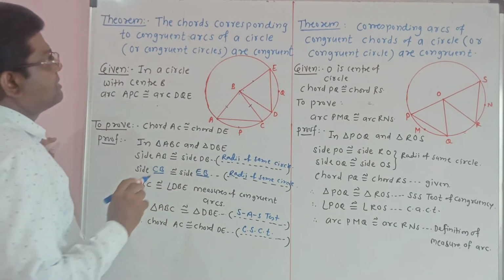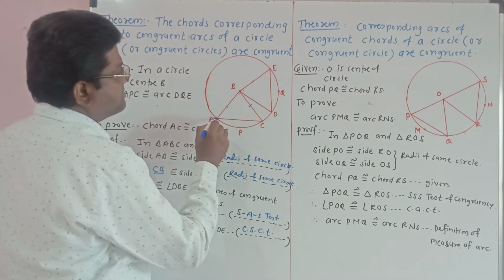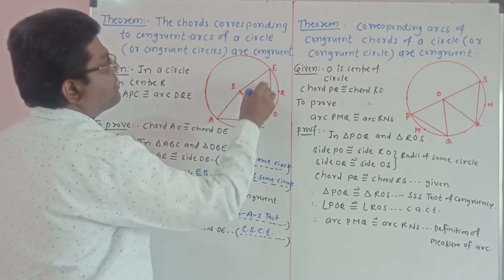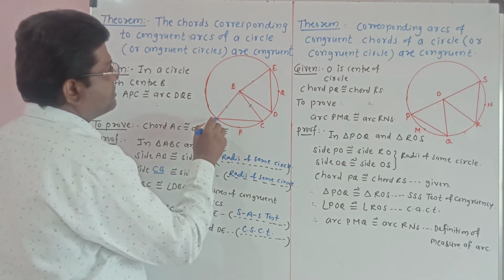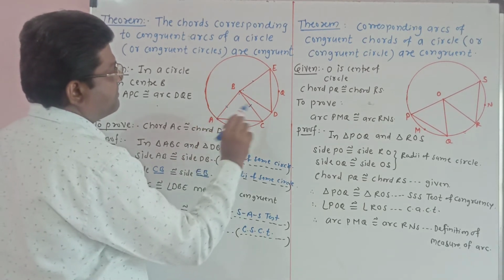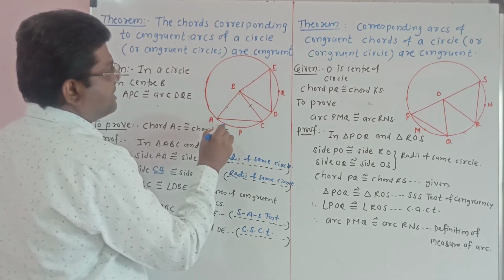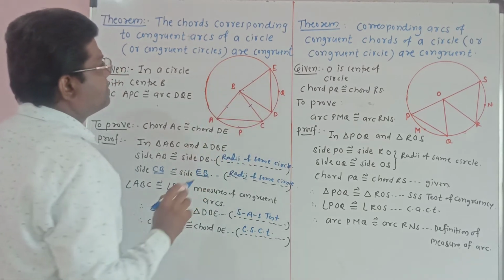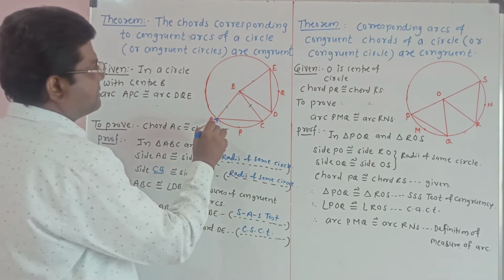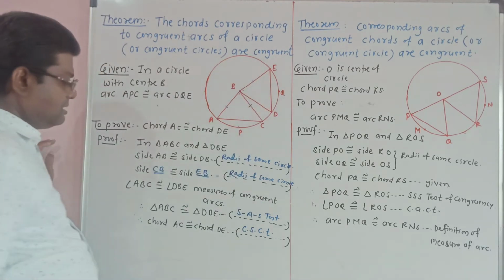When chords AC and DE correspond to congruent arcs APC and DQE, that is, when arc APC is congruent to arc DQE, then chord AC is congruent to chord DE.